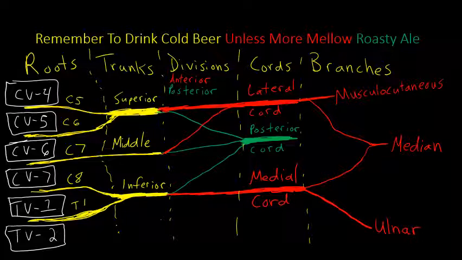So musculocutaneous nerve travels right in between biceps brachii and the brachialis, the two large muscles on the anterior of the arm that perform flexion of the elbow joint.